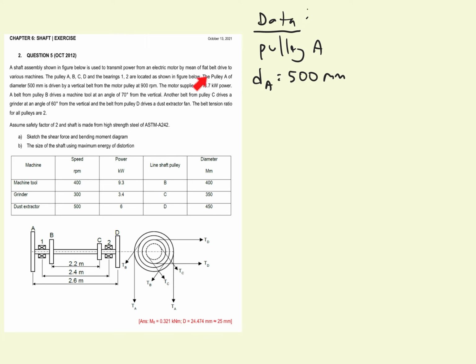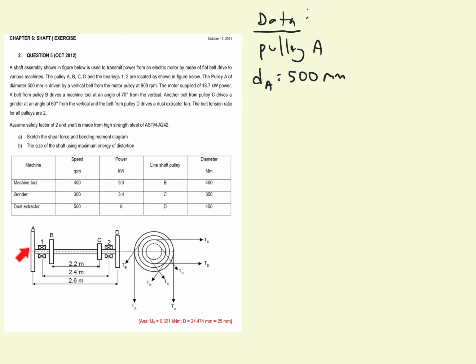Then this pulley is driven by vertical belt from motor pulley at 900 revolution per minute. Means that pulley A receive power from motor.